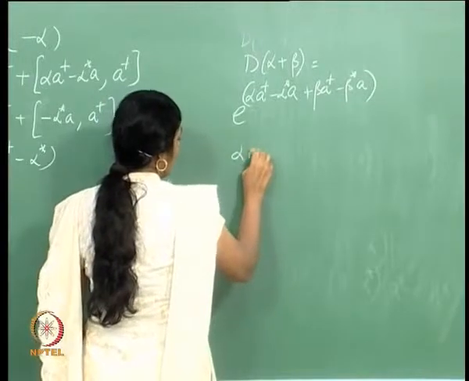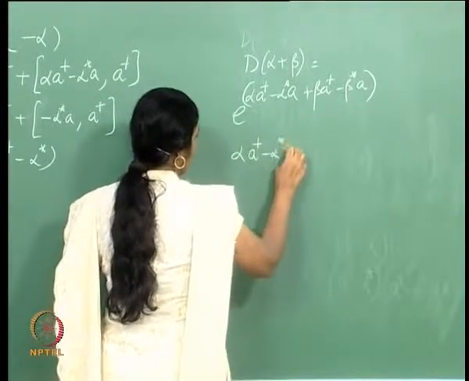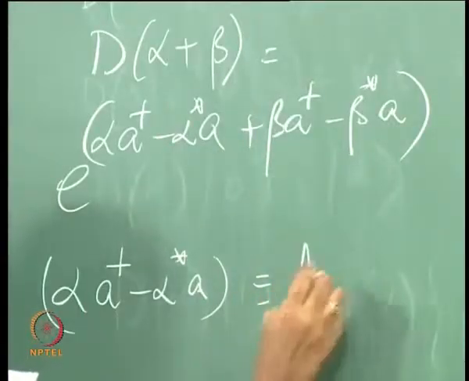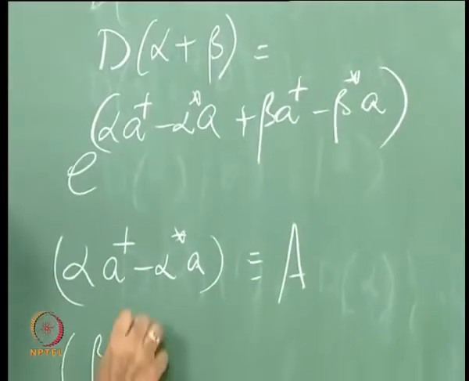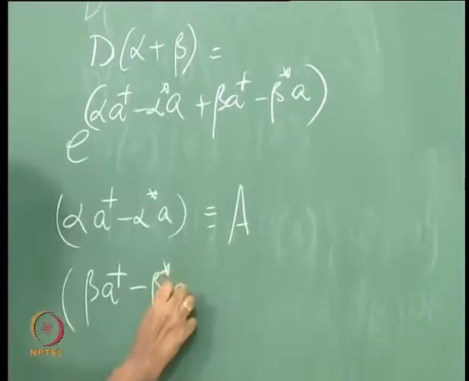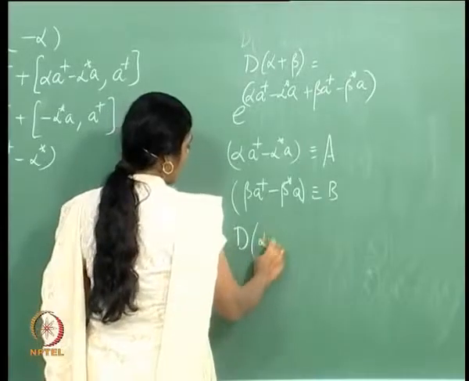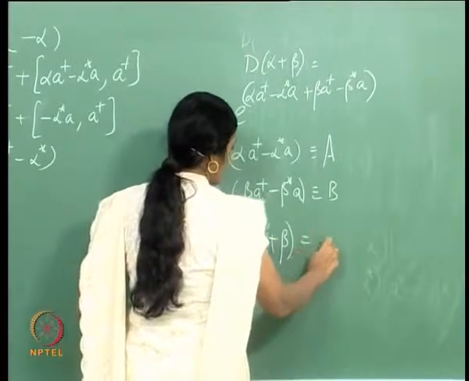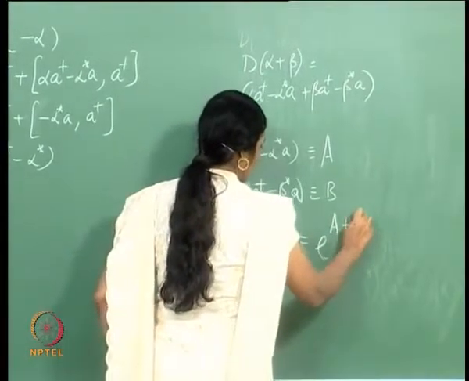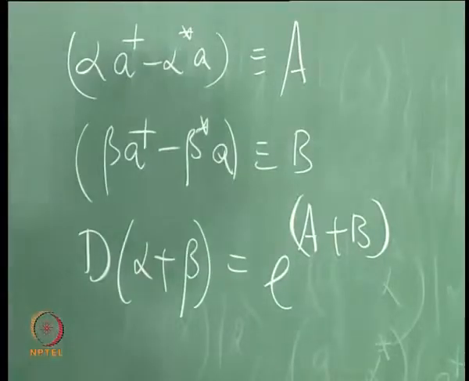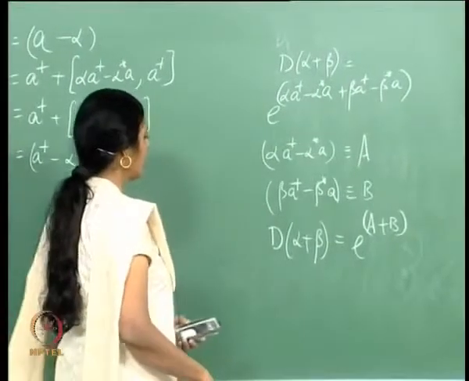Now we could represent alpha a dagger minus alpha star a as the operator A, and beta a dagger minus beta star a as the operator B. So D of alpha plus beta has the structure e to the A plus B by the Baker-Campbell-Hausdorff formula, which is now familiar to you.